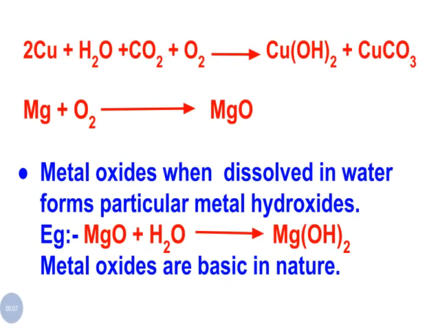Here, magnesium hydroxide is a basic solution. Last year we learned that normally hydrogen concentration is more in acids, whereas hydroxyl concentration is more in base. So here you can see magnesium hydroxide, it contains hydroxyl, so it is basic.